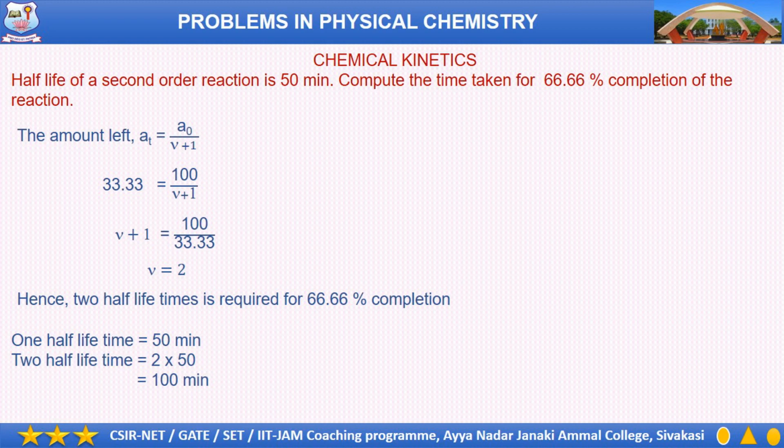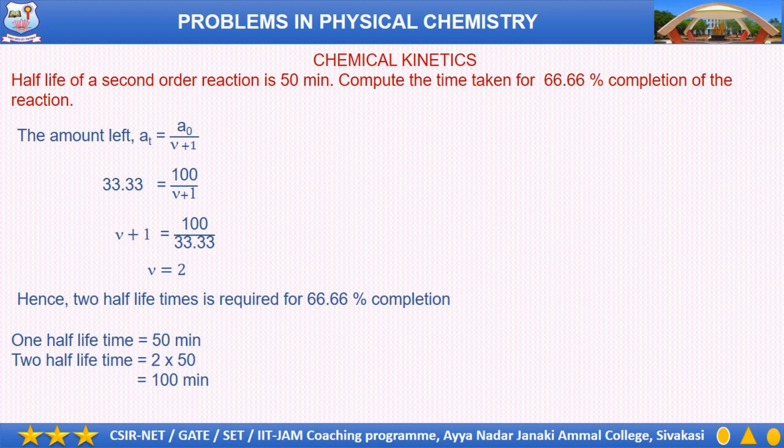Compute the time taken for 66.66% completion of the reaction. You can work this out using this equation, you do the exercise and find out. It should be very easy.